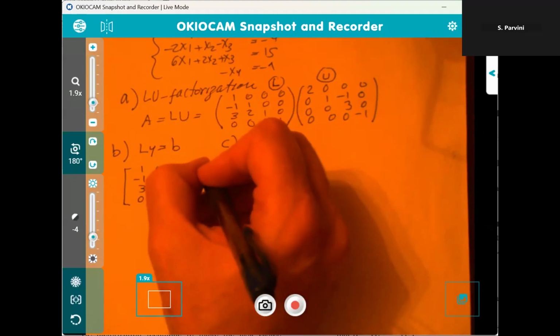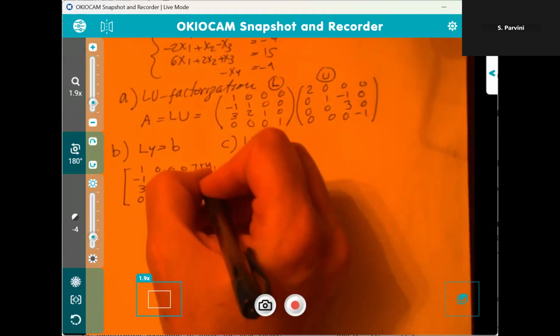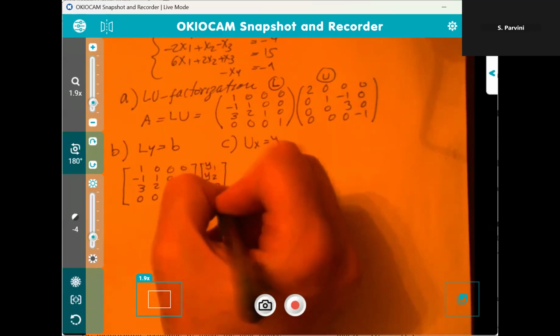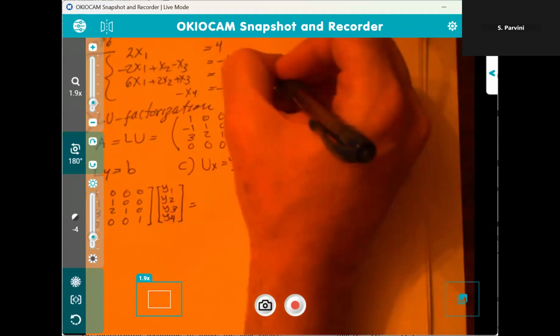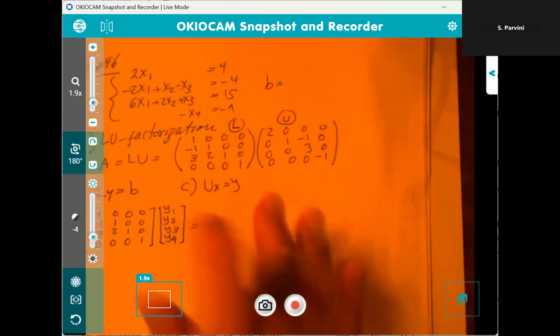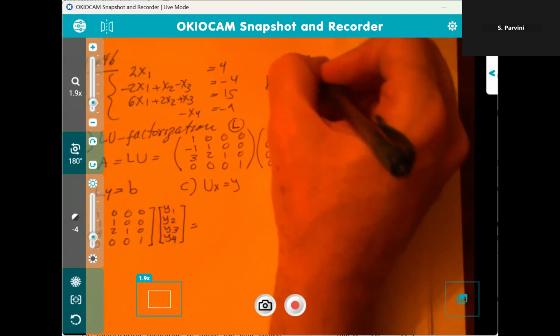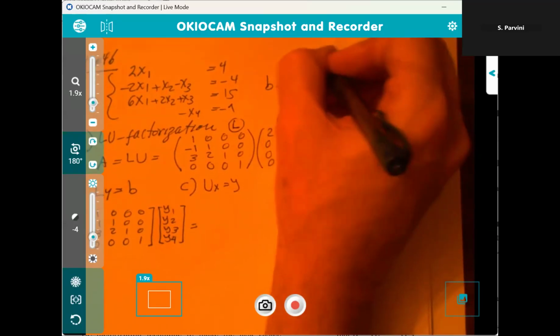What does the y matrix look like? It's a column matrix. It's y1, y2, y3, y4, equals B. B is a matrix of constants. So B is this column matrix 4, negative 4, 15, negative 1.